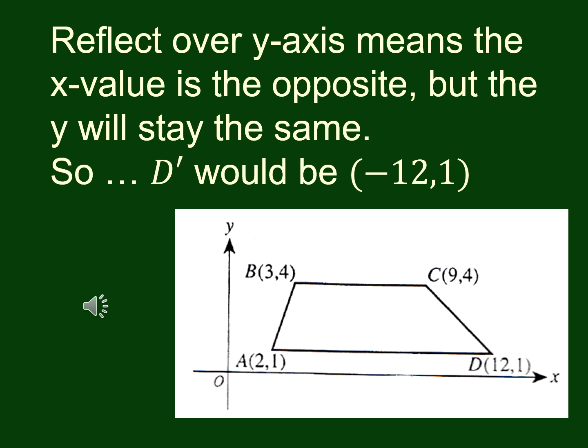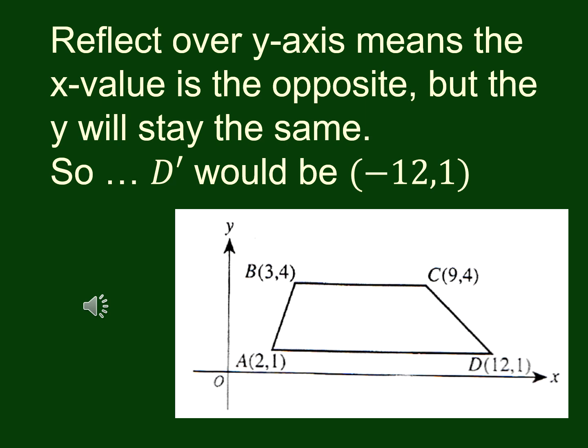Reflect over the y-axis means that you're going to take everything in that picture and flip it over so that it's on the top left of the coordinates instead of the top right. It's going to be in the second quadrant instead of the first. And what happens when I flip everything over to the left is the y's stay the same, but the x's end up being exactly the opposite of what they are.